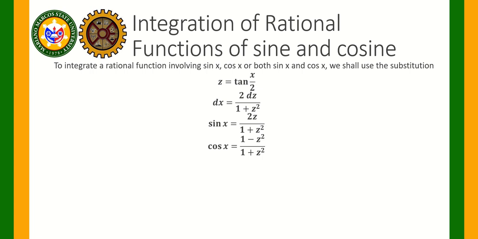Okay, so to integrate a rational function involving sine x, cosine x, or both sine x and cosine x, we shall use the substitution z equals tangent x over 2, dx equals 2dz over 1 plus z squared, sine x equals 2z over 1 plus z squared, and cosine x equals 1 minus z squared all over 1 plus z squared.